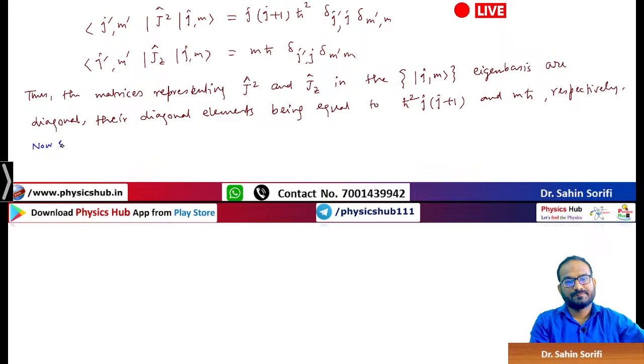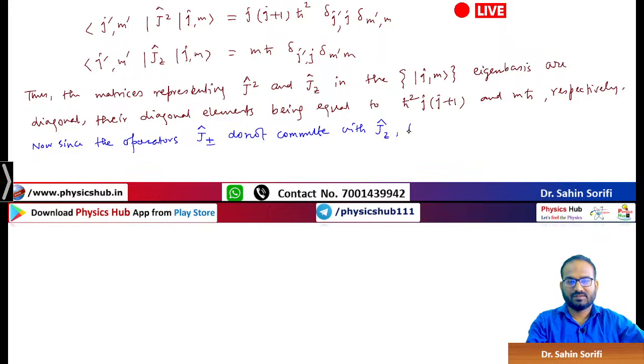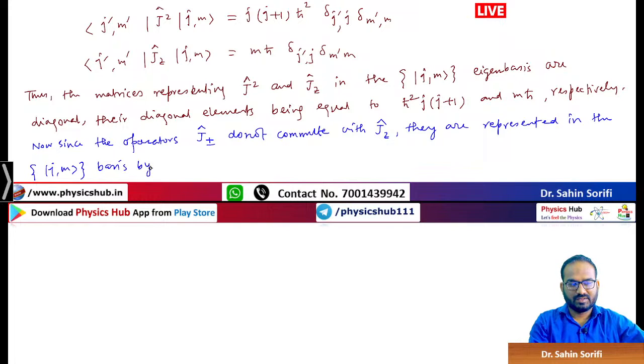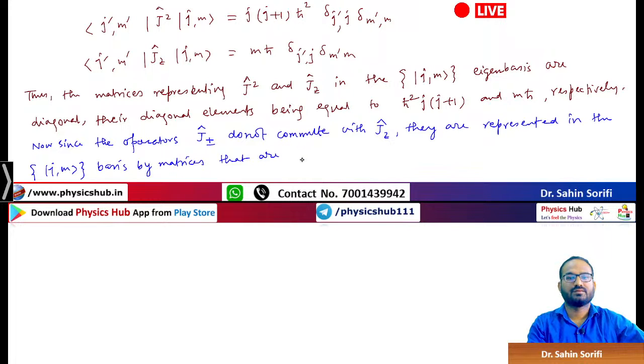Now, since the operators J plus minus do not commute with Jz, as you have seen, because of that they are represented in the jm basis by matrices that are not diagonal.